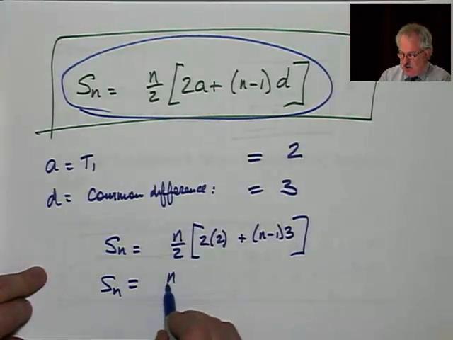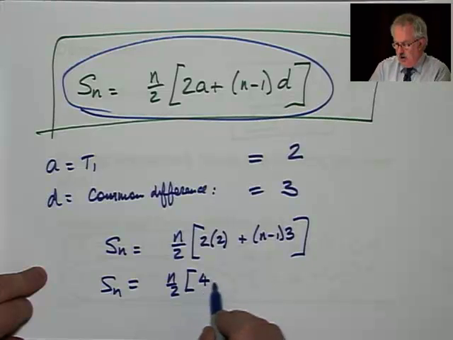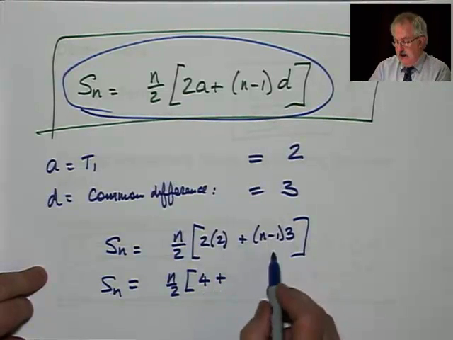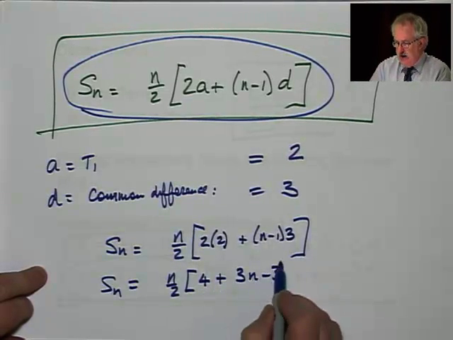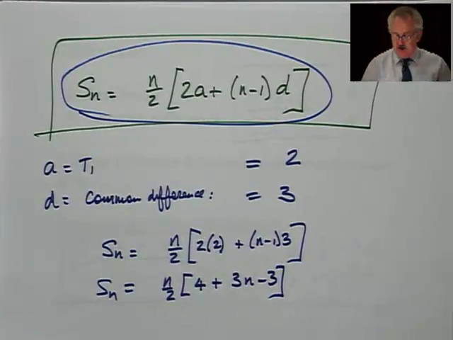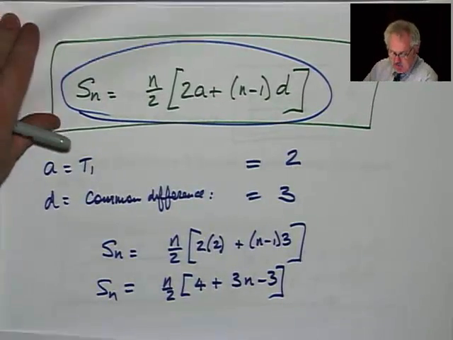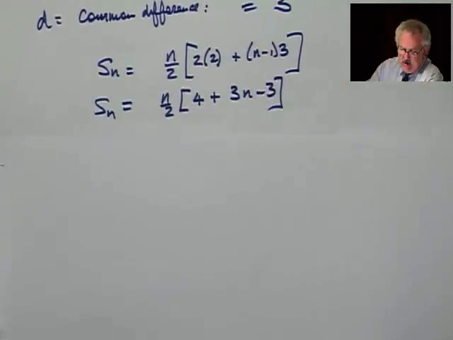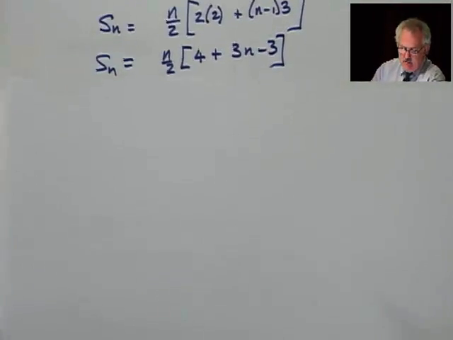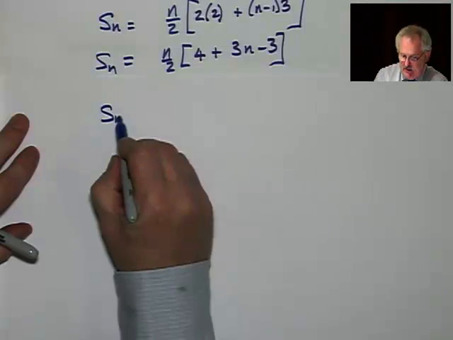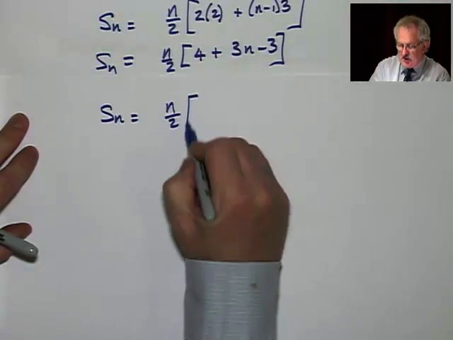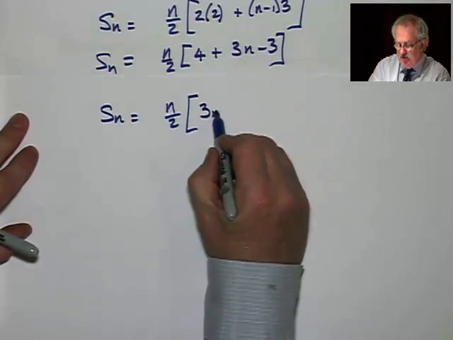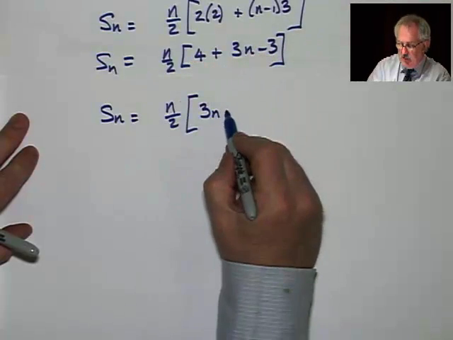Continuing with this, n over 2 times 4, plus multiplying in the 3n minus 3. If I continue with that calculation, I get Sn is equal to, staying inside the brackets and sorting that out first, 3n plus 4 minus 3, which would be plus 1.